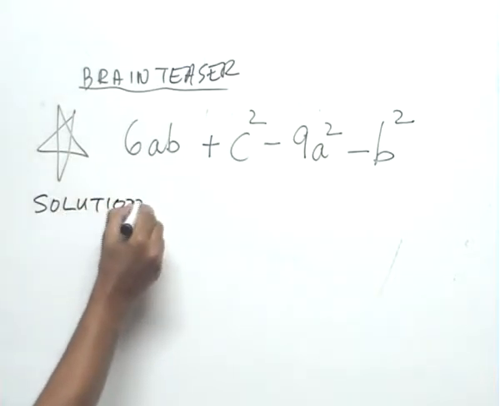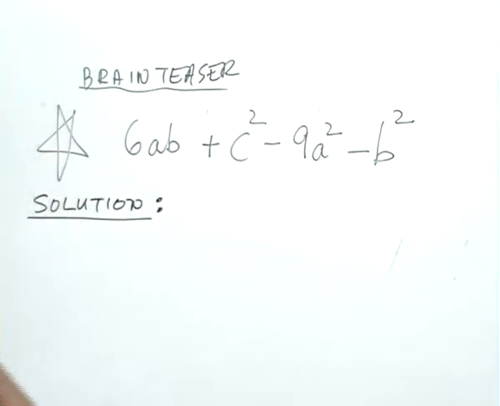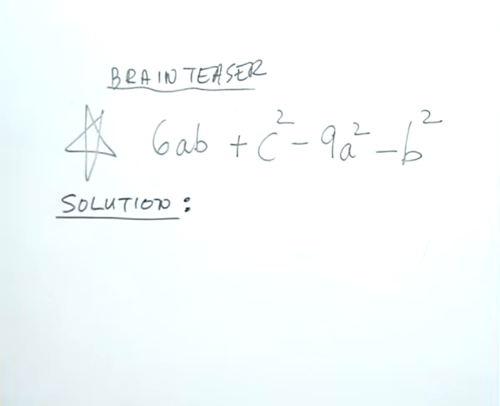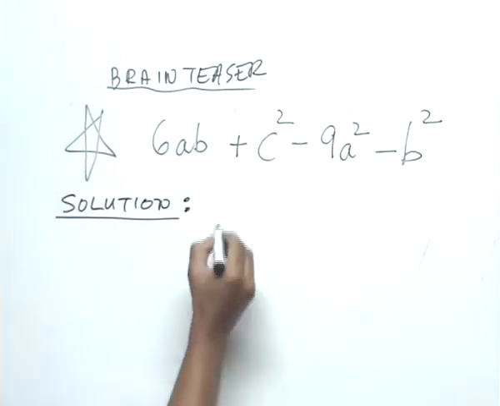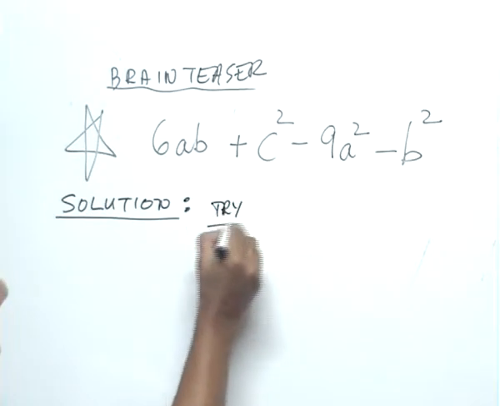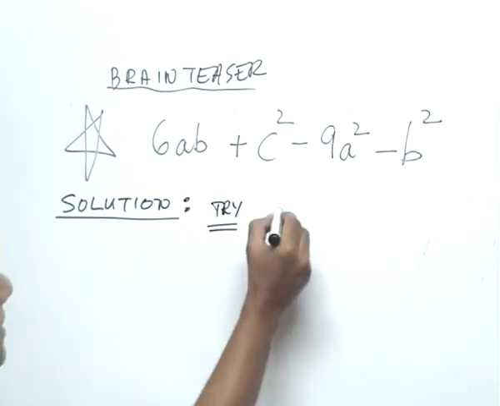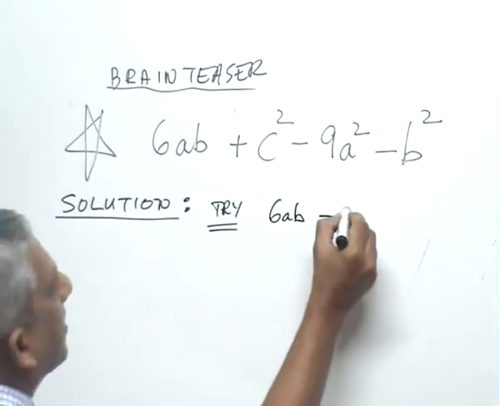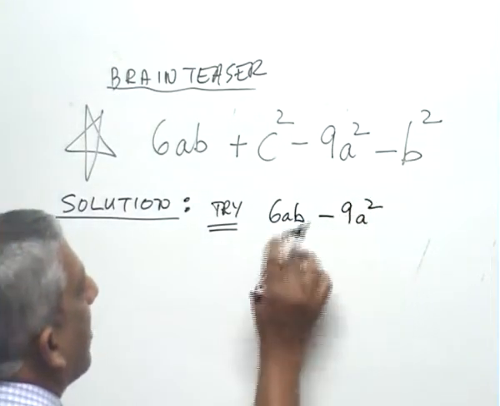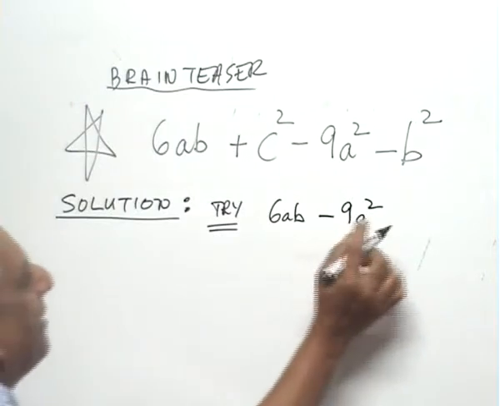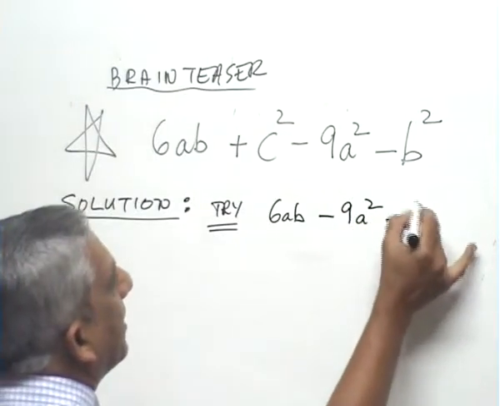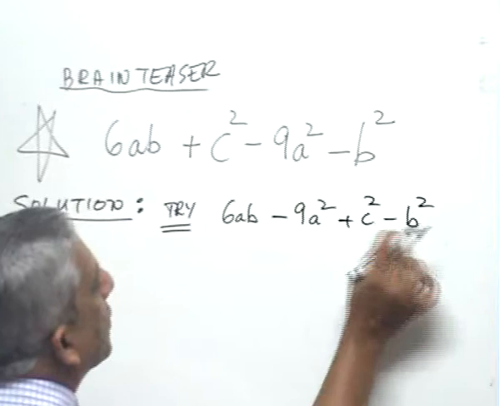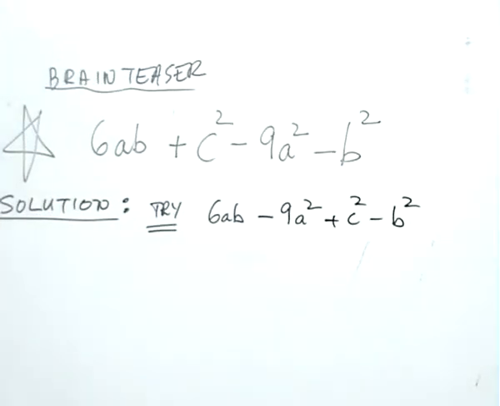Alright, so here is a solution. Now, firstly, let me think how you may have been thinking. Maybe you said, let me try. This is just trial. Maybe you said, let's try and put the 6ab here together and put the minus 9a squared here, because you look at the a's, and then you said, let me put the 2 together, then I'll get a difference of 2 squares.